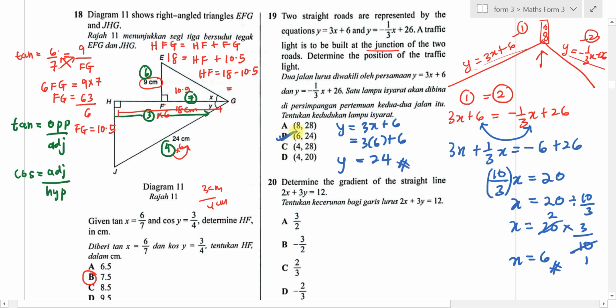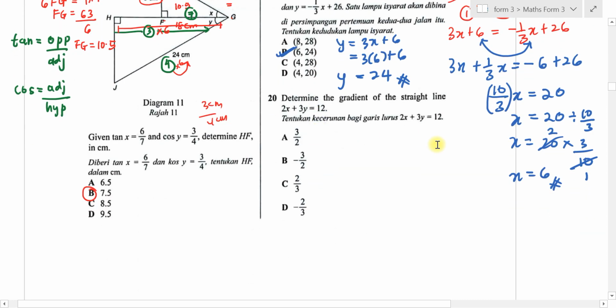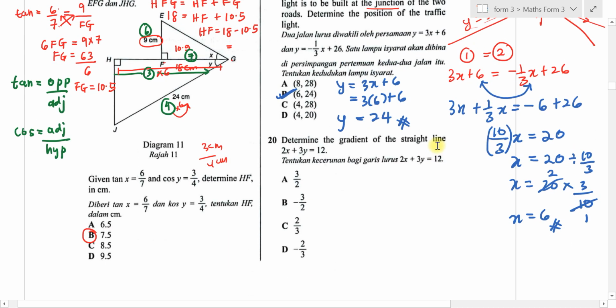So 6 and 24, the answer for 19 is B. Done.